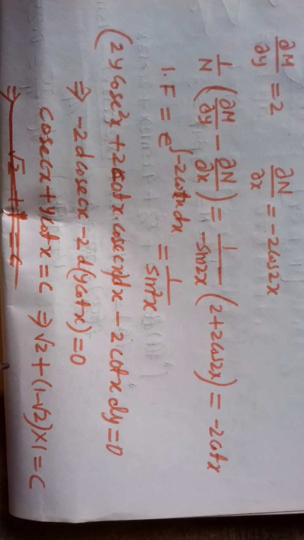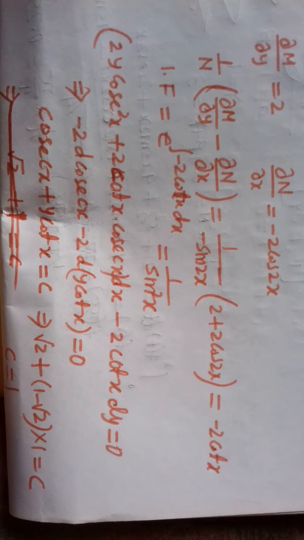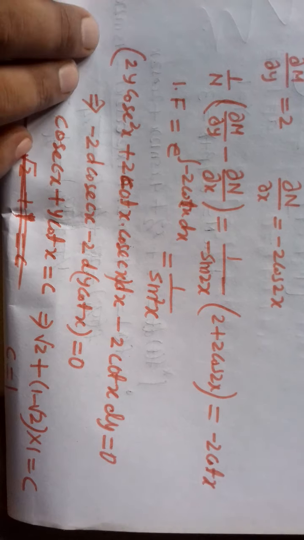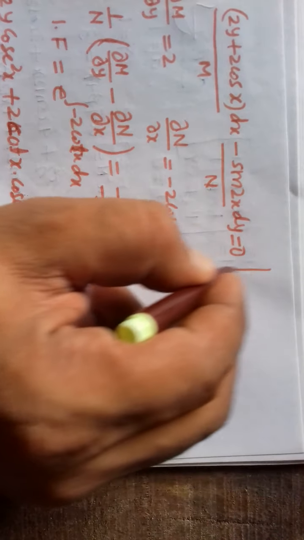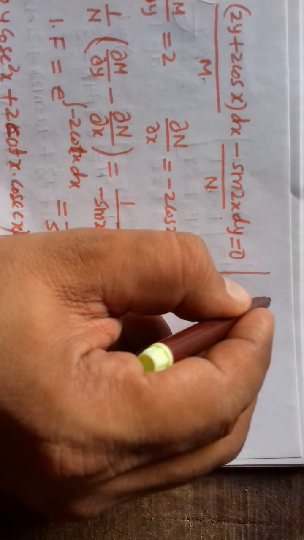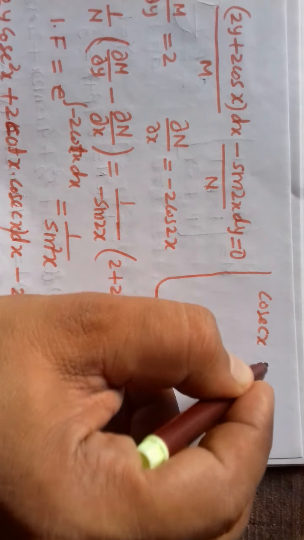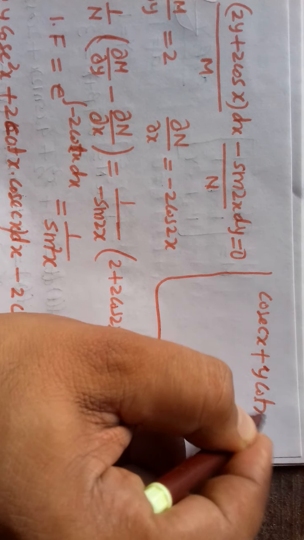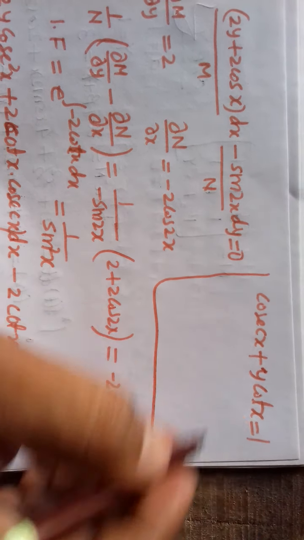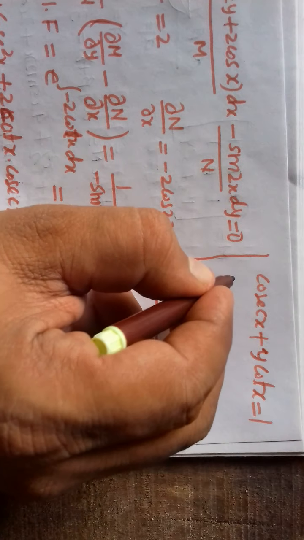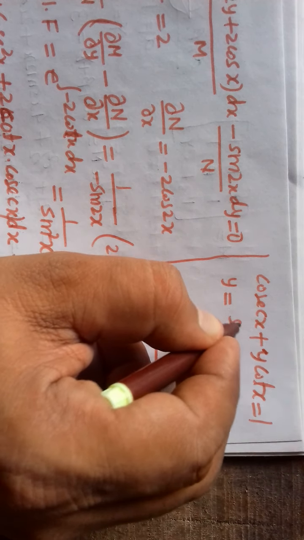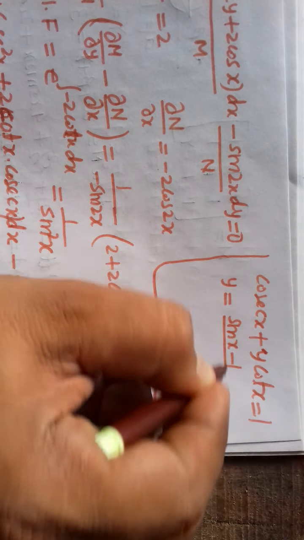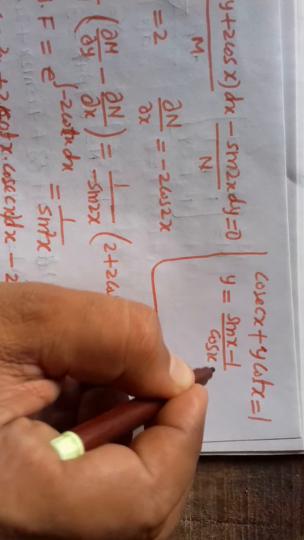So c equals to 1. Thus here we put c equals to 1. So this thing becomes cosec x plus y cot x equals to 1. Now from here we can find y equals to (sin x minus 1) by cos x.